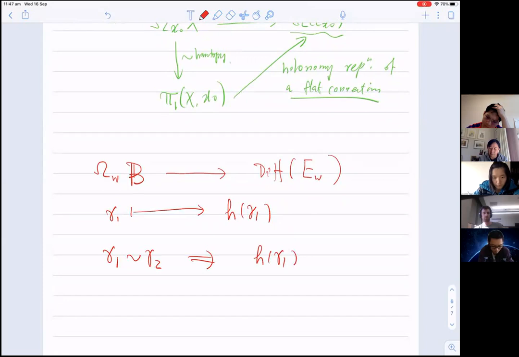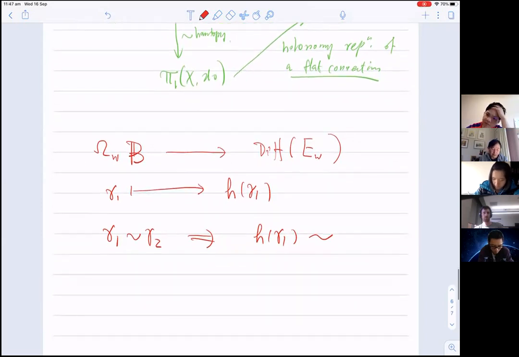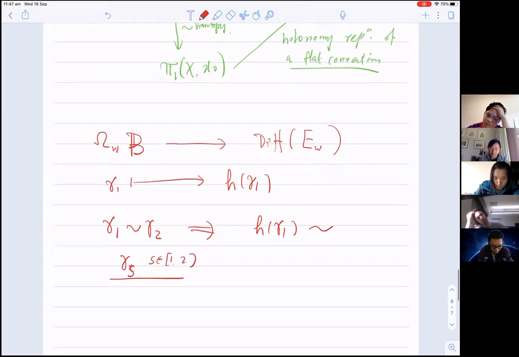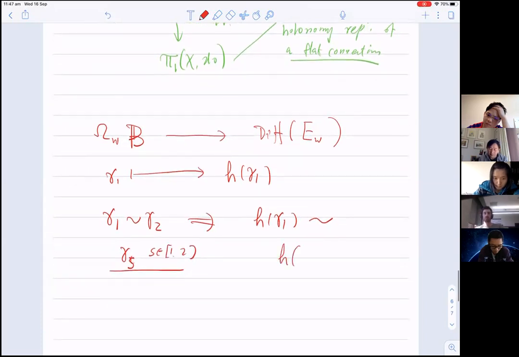So this will also be a homotopy. So that means you have a path connecting, what you call S from 1 to 2. Join them, and then you have a family of holonomy or monodromy connecting these. So that means these two monodromies can be joined by a path.